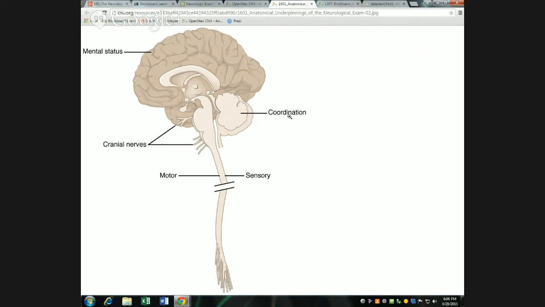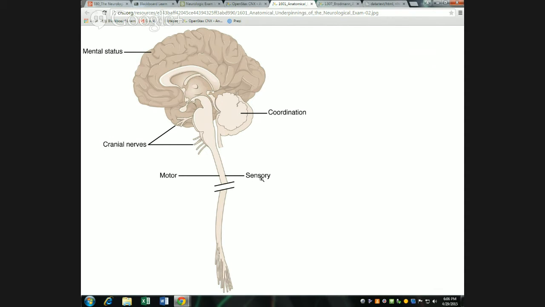Field sobriety test is basically the coordination neurological exam, because the cerebellum is very acutely sensitive to alcohol. When we lose neurological function when we're drunk, it's because alcohol is affecting coordinated movements through the cerebellum.